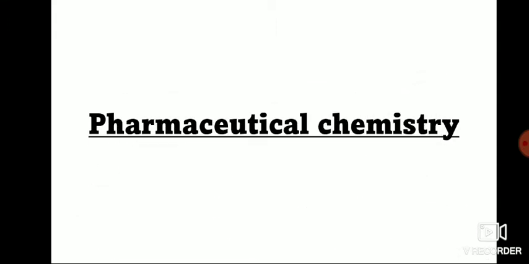Now we are going to talk about Unit 16, Applied Chemistry. Pharmaceutical chemistry. What is this? Pharmaceutical chemistry is the chemistry of drugs, which utilizes the general laws of chemistry to study drugs. Very important point: to study drugs.